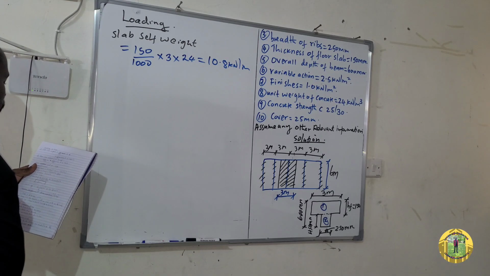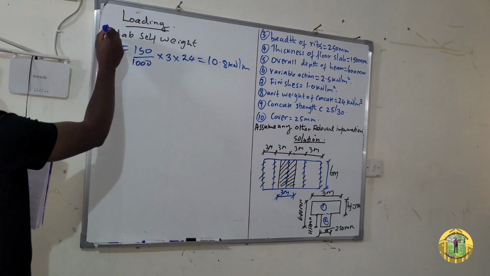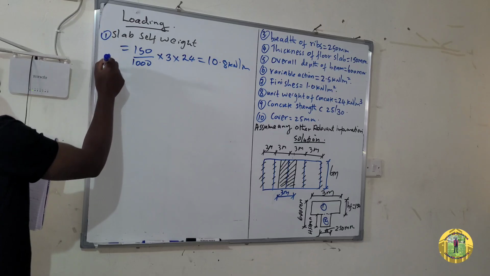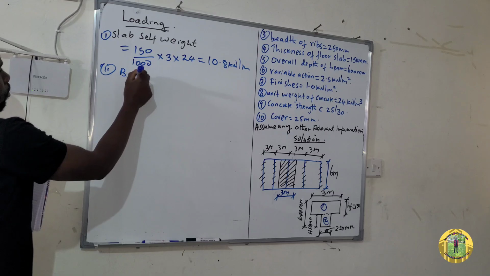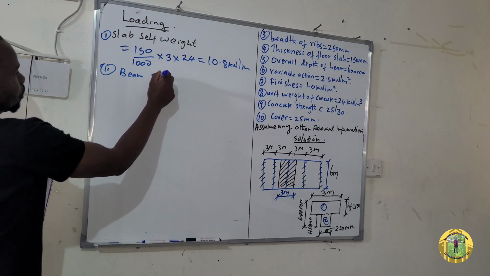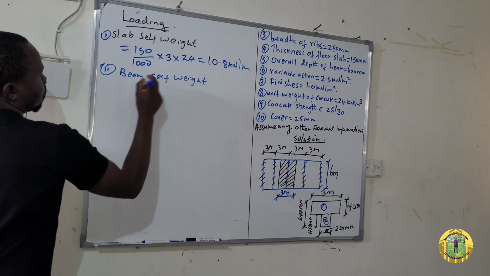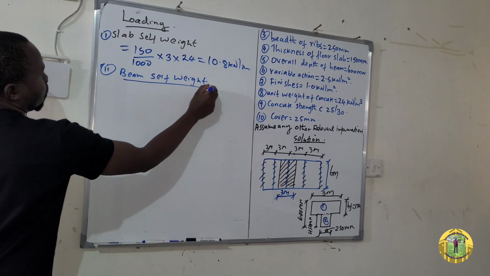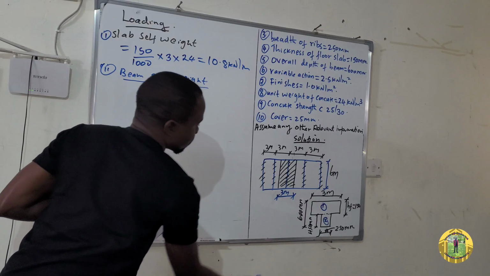Then we proceed to beam self-weight. So beam is number 2. You can see from this sketch.